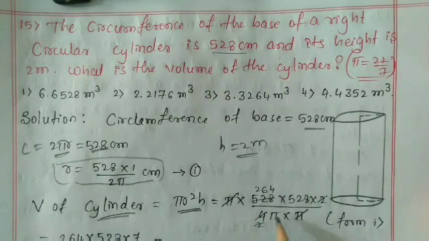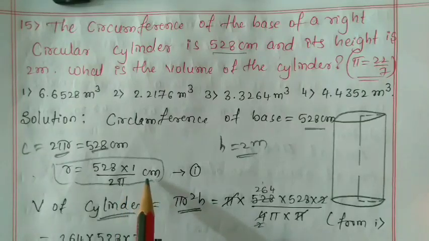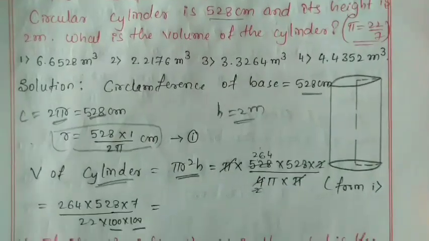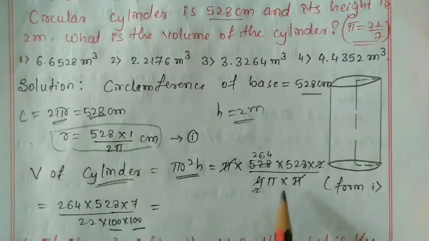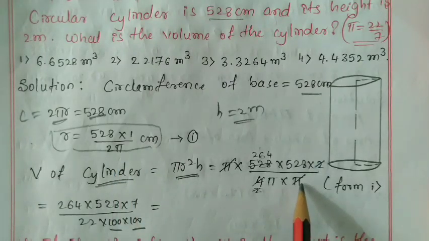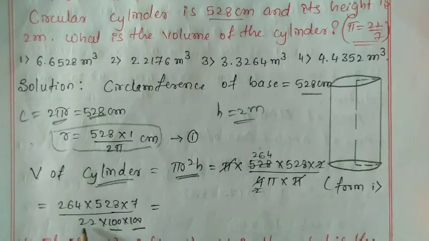Next you can simplify this one. 2 1s are 2, 2 2s, next 2 1s are 2, 2 2s are 4, next 2 6s are 12, 2 4s are 8. Okay, this is in centimeter. You can convert this centimeter into meter. If you want to convert centimeter into meter, you multiply by 100. 2 times 100 you multiply because r square is there. So 2 pi into 2 pi into 100 into 100, right?